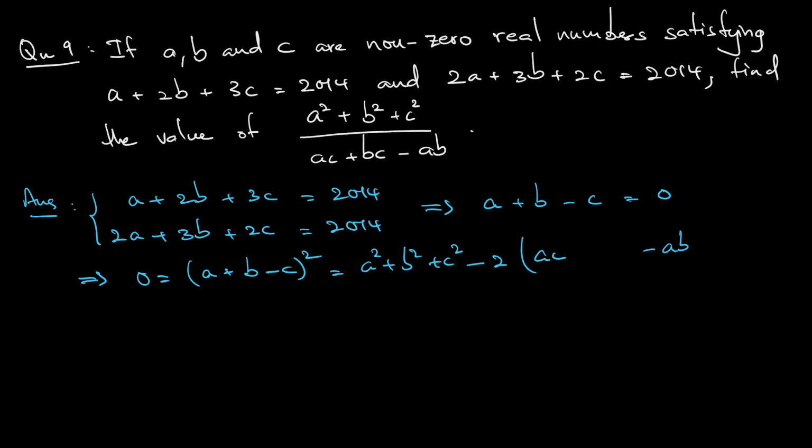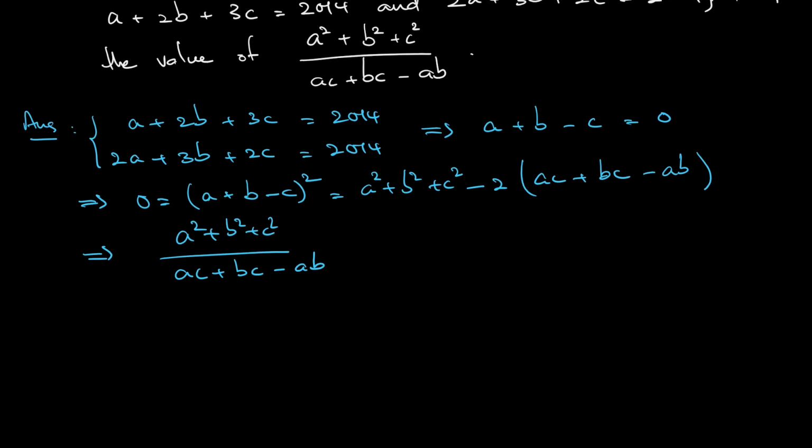Again, BC should be minus, but I already take minus out, so it becomes plus BC. Okay, that means that this expression, the one that the question asks us to find, is, well, technically just 2. Alright, so the final answer is just 2. This is actually pretty straightforward question.